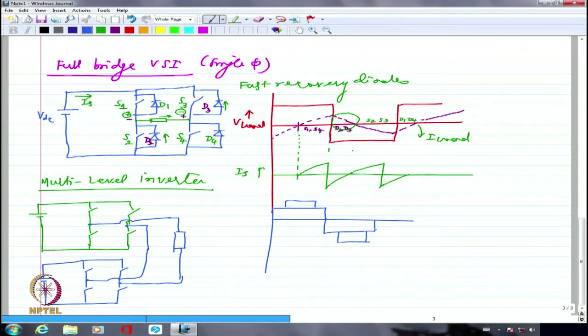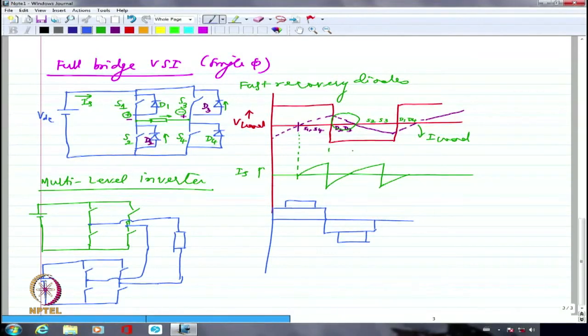So this is typically used whenever, for example, in a solar water pumping system, where I may have each of the solar cells having a very small value of output. I can connect two solar cells independently to the two inverters, connect them in series, and together I can give it to a motor. That is a possibility, right?